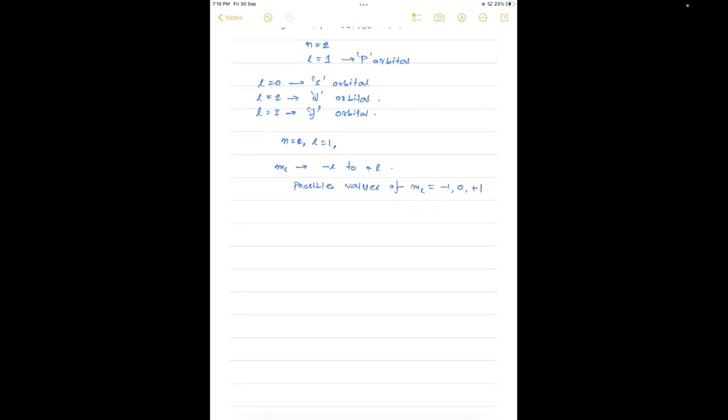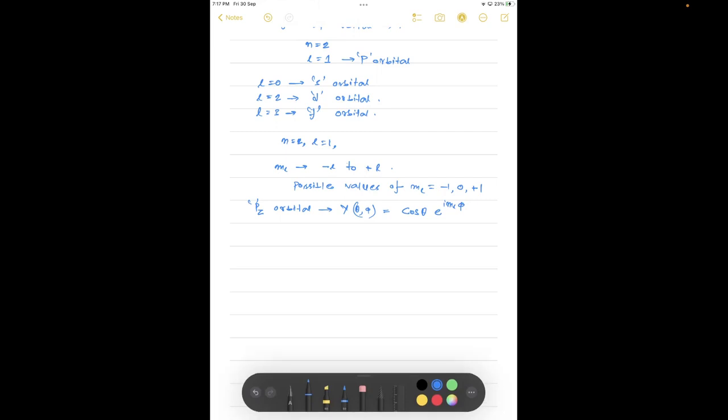Now let's say for the pz orbital, the angular part of theta and phi is cos theta times e to the power i ml phi for any p orbital.